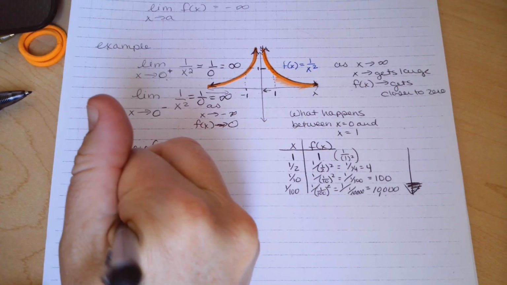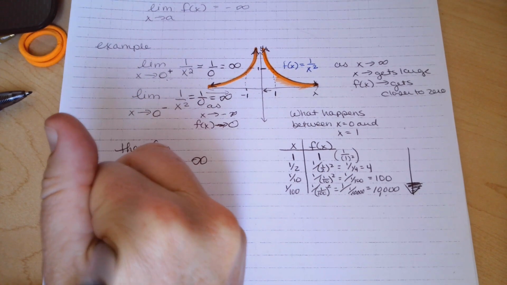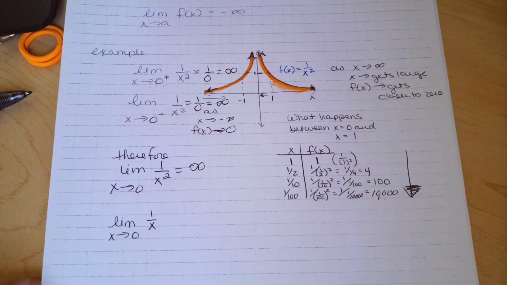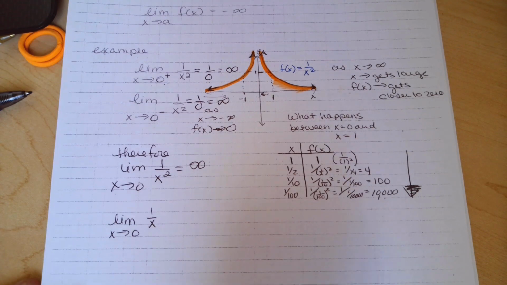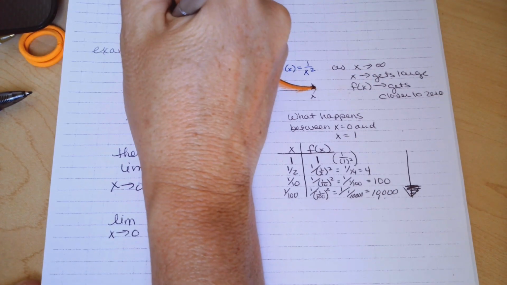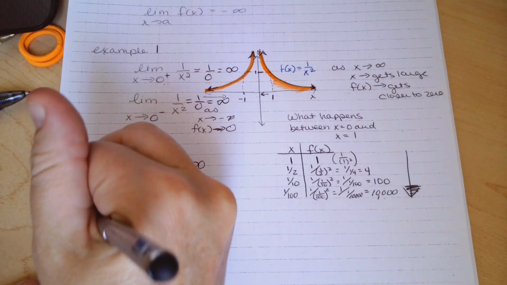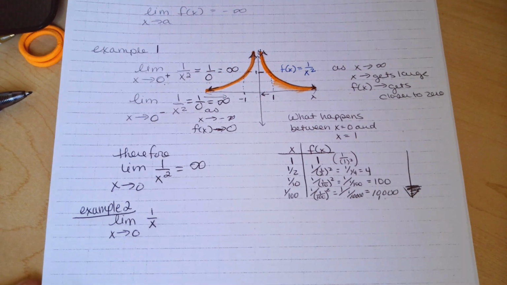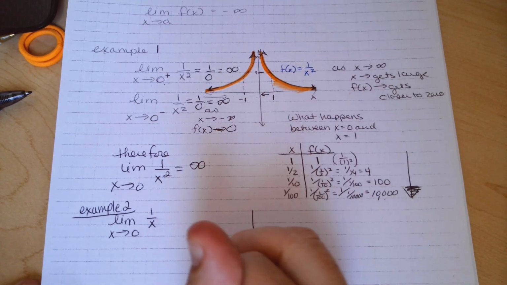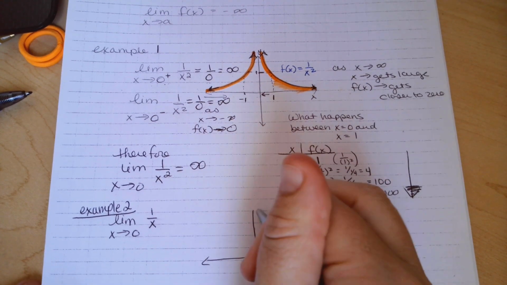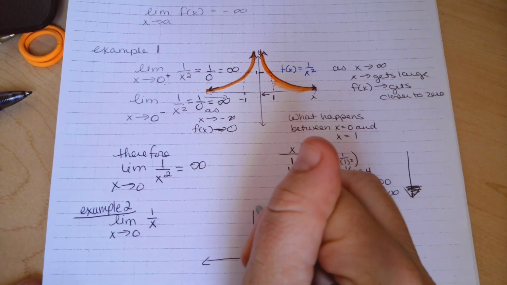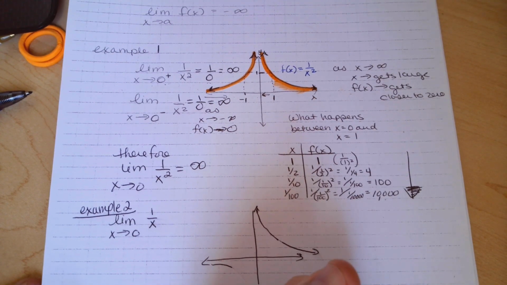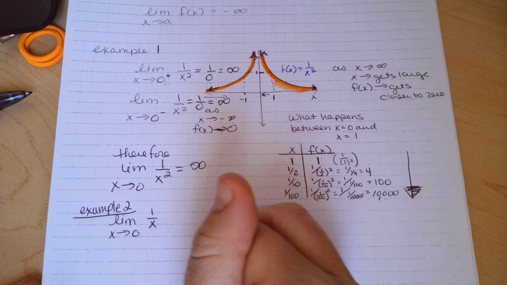Let's do the example, the limit as x approaches 0 of 1 over x. Let's go ahead and look at the graph of that. So this would be example 2. What does this graph look like? And then maybe like this, something like that.